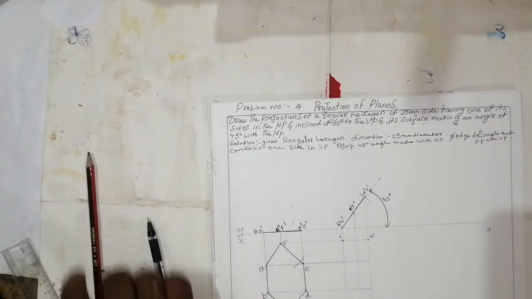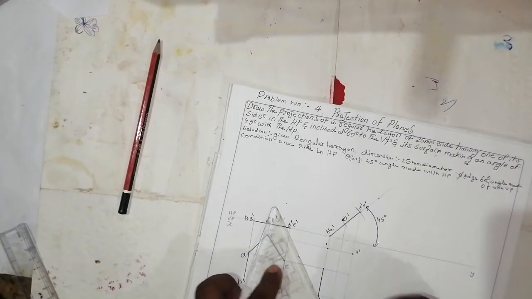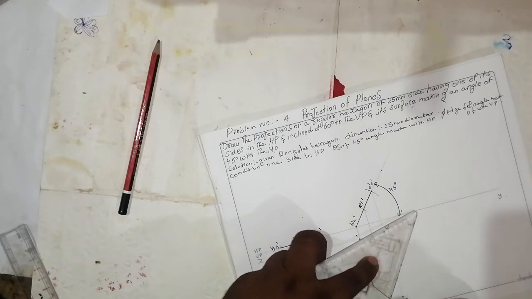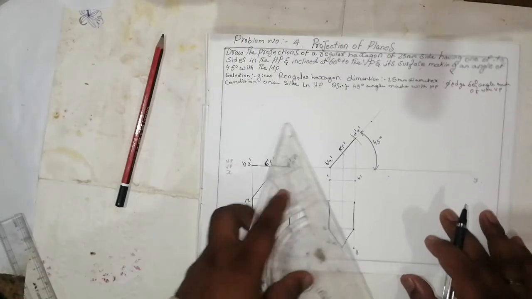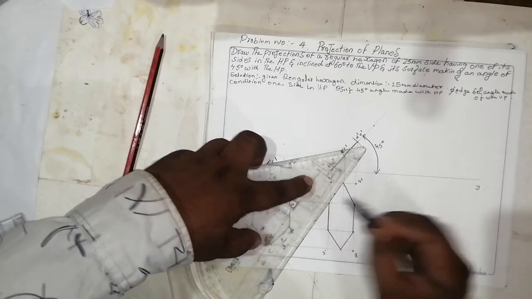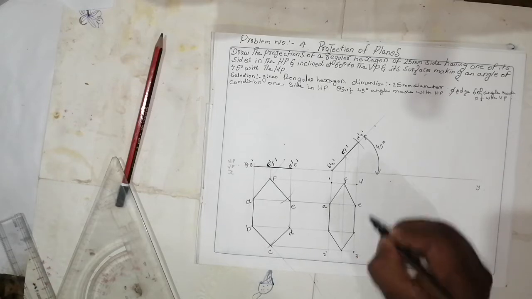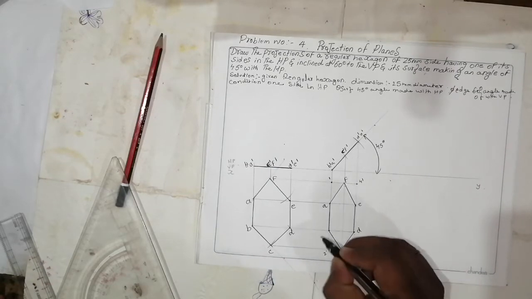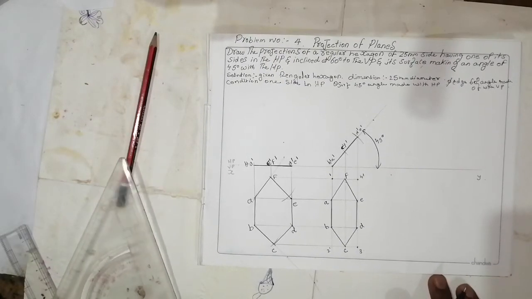After that, see this drawing, join this, so you'll get a hexagon like this. It's going to be A, F, E, D, C, and B. So the question has been given like this, so it will come like this.